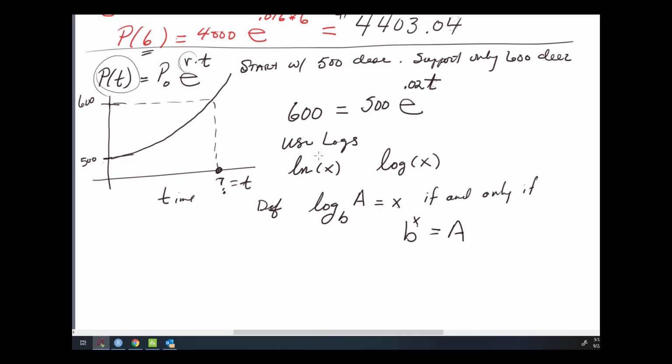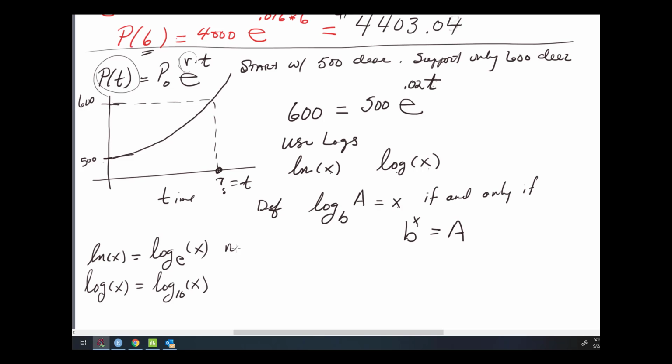Now, your calculator has got two buttons, ln x and log x, and generally, though I will warn you, not always, but generally on the calculator, you've got the two buttons. This one is used for log base e. ln x is a log base e of x, and log x is a log base 10 of x.